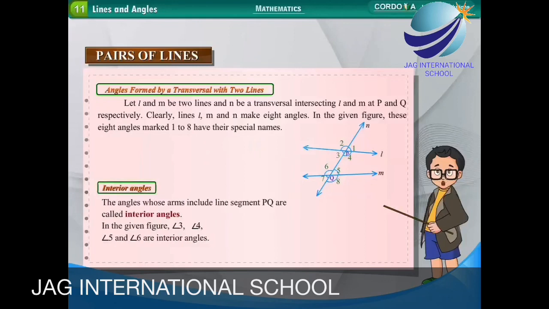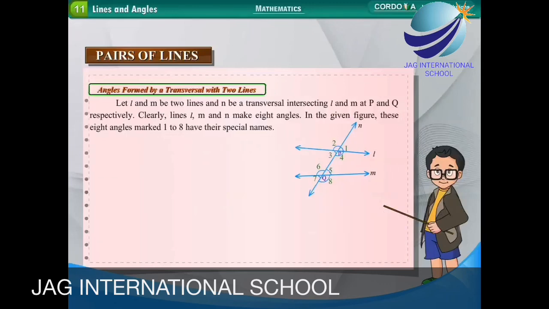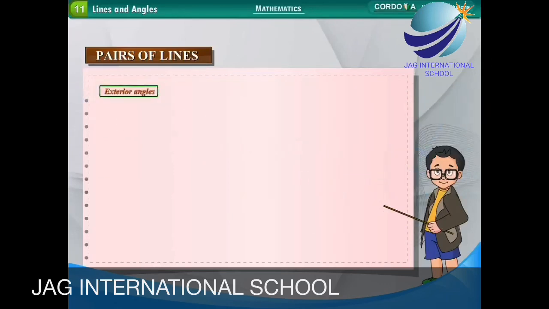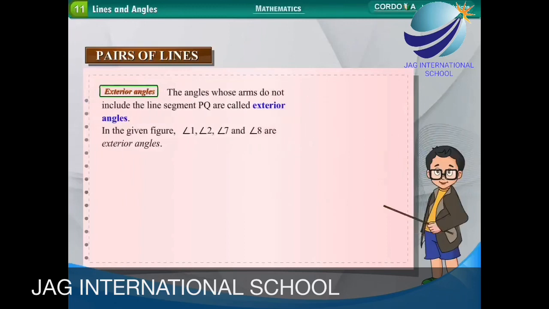The angles whose arms include line segment PQ are called interior angles. In the given figure, angle 3, angle 4, angle 5 and angle 6 are interior angles. Exterior angles. The angles whose arms do not include the line segment PQ are called exterior angles. In the given figure, angle 1, angle 2, angle 7 and angle 8 are exterior angles.